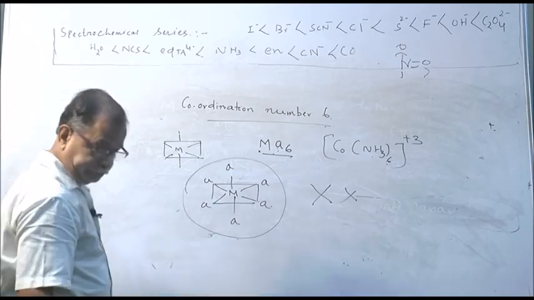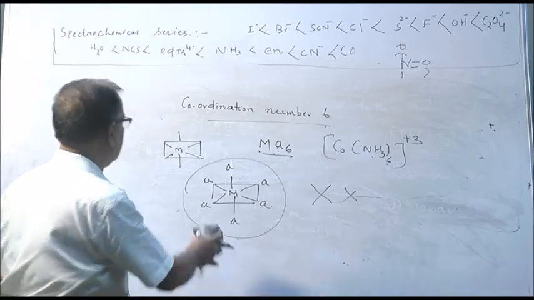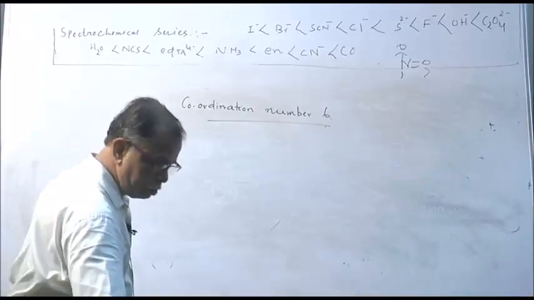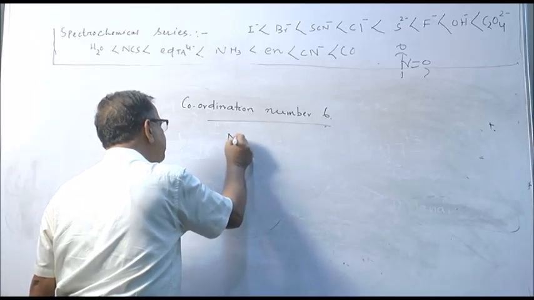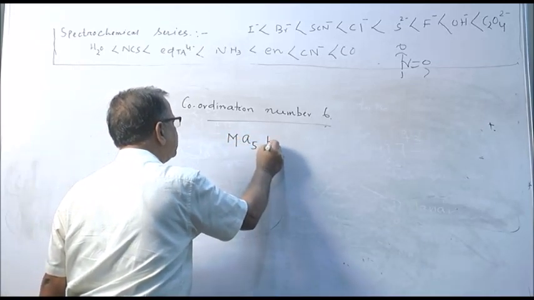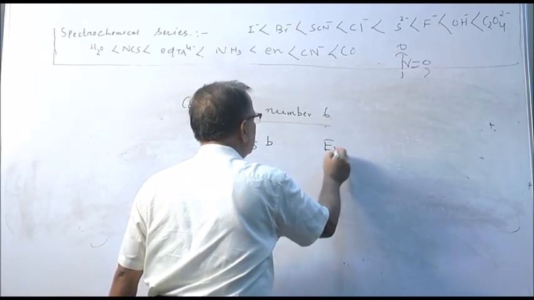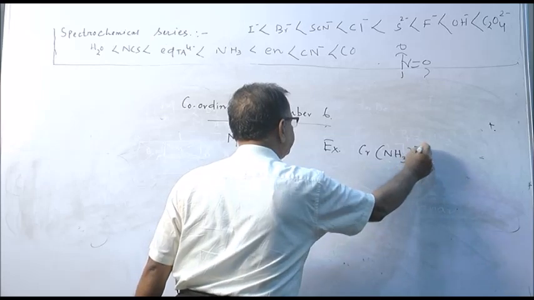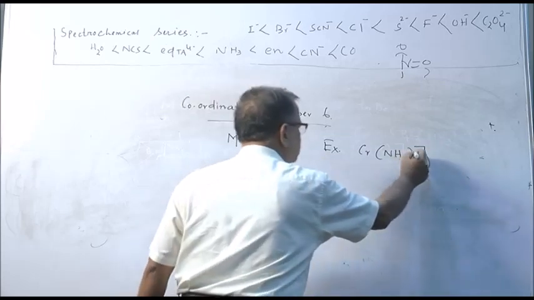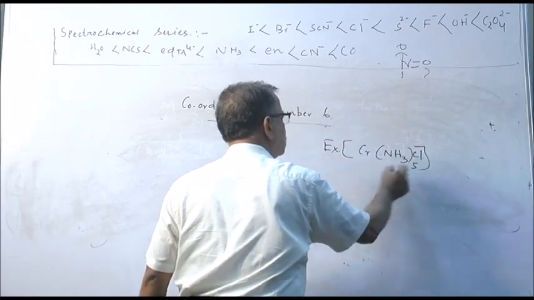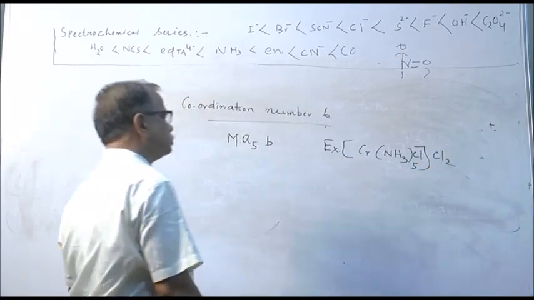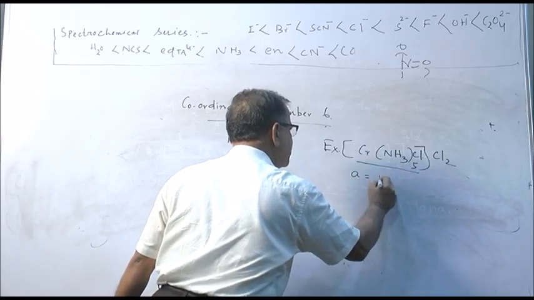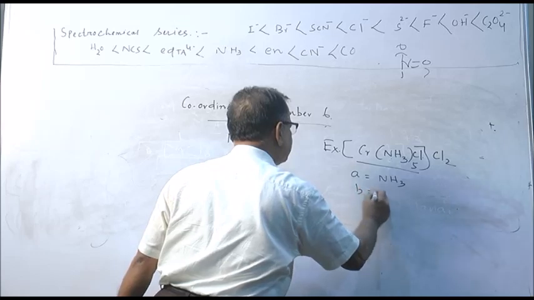Then Ma5B. Ma5B. Example is Cr(NH3)5Cl Cl2. So these are the ligands. A is ammonia, B is Cl.